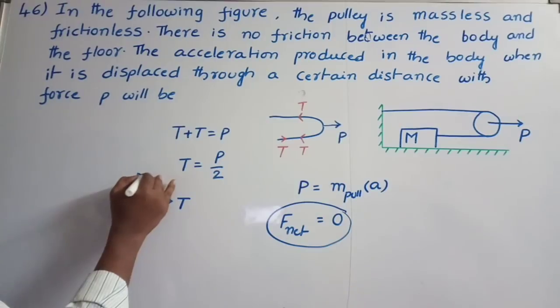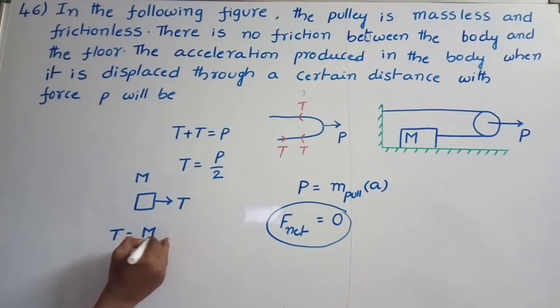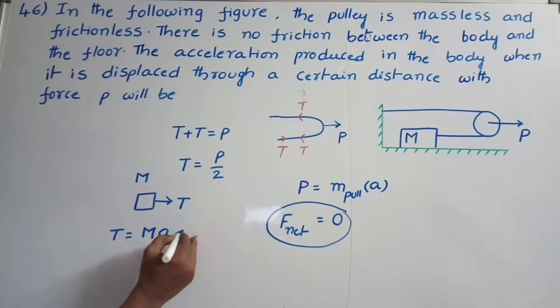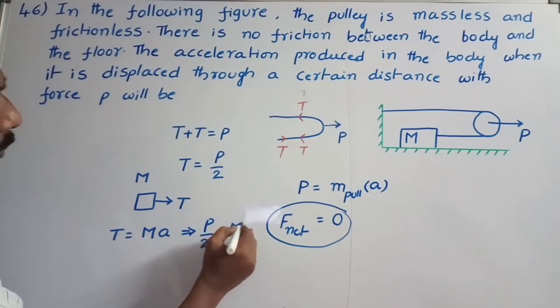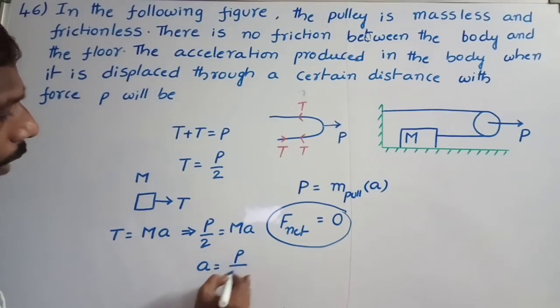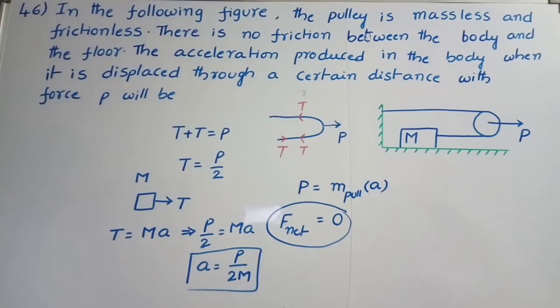Its mass is M. So we can write net force is equal to mass into acceleration. Its tension T is equal to P by 2. From this we can write P by 2 is equal to M into a. Finally, we can get acceleration a is equal to P by 2M. So this is the acceleration of the block.